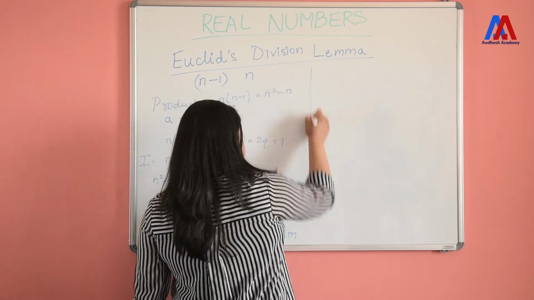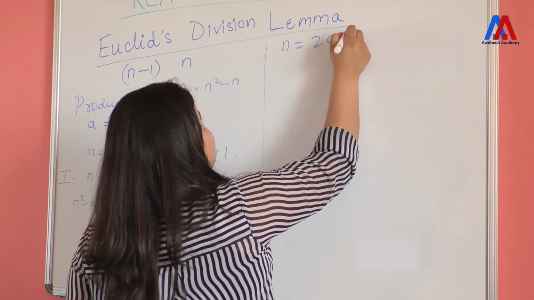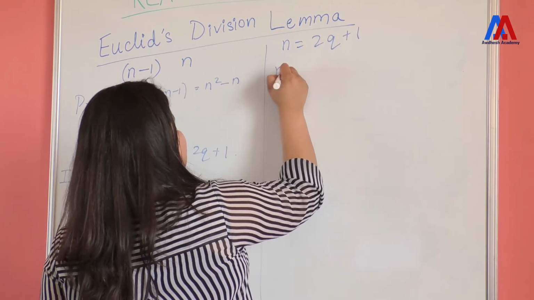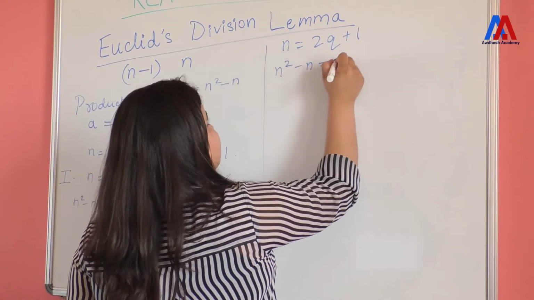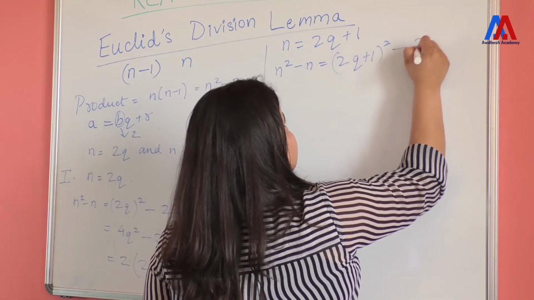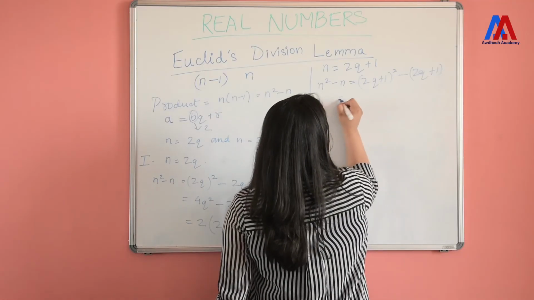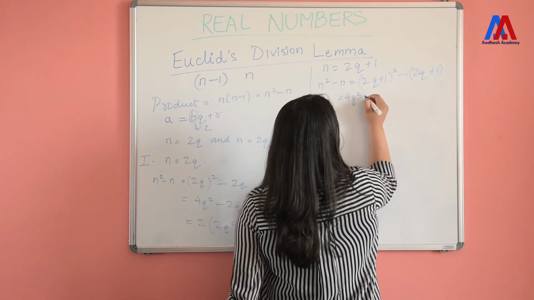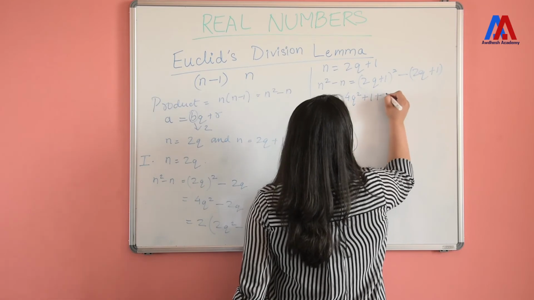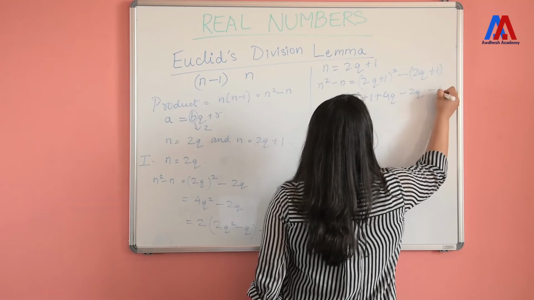Now taking the second case, which is n equal to 2q plus 1, we see that n square minus n is 2q plus 1 whole square minus 2q plus 1. So here we get 4q square plus 1 plus 4q minus 2q minus 1.